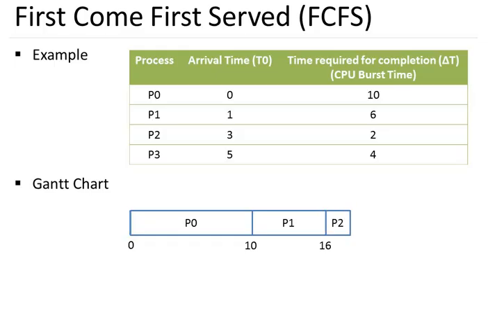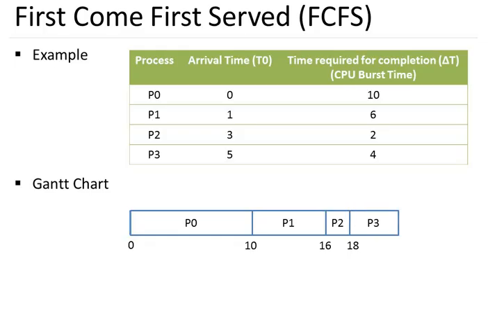After that, P2 comes into the picture. So P2 gets the CPU for execution, and this P2 arrived in the system at time 3 and required only 2 units. So you can see from 16 to 18 this process will be executed, and after that process P3.